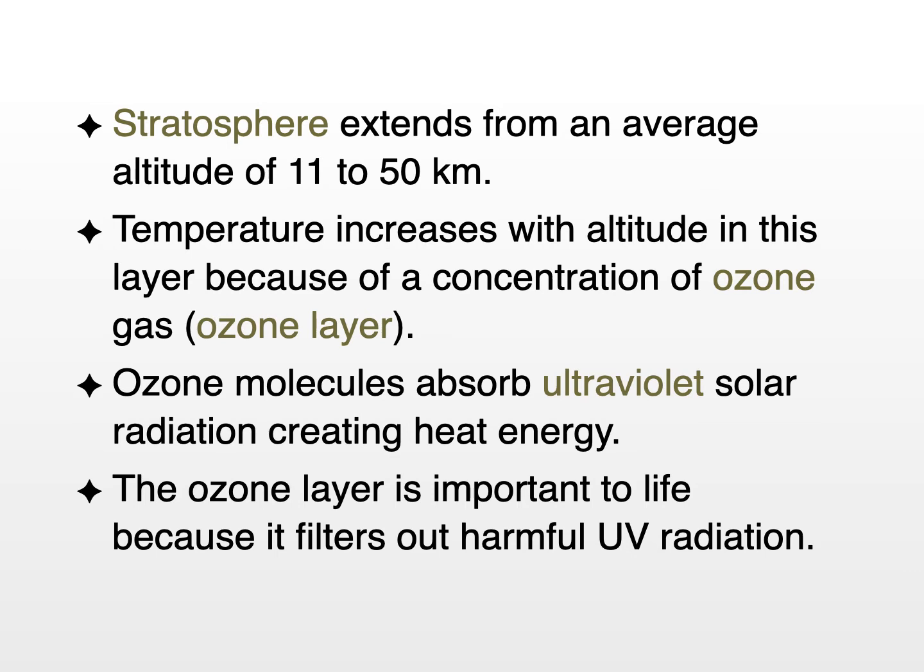If the temperature is increasing, that's indicating that heat energy is being generated, and this heat energy comes from the absorption of ultraviolet radiation from the sun by ozone molecules. This creates the heat and makes this layer warmer than the air beneath it.